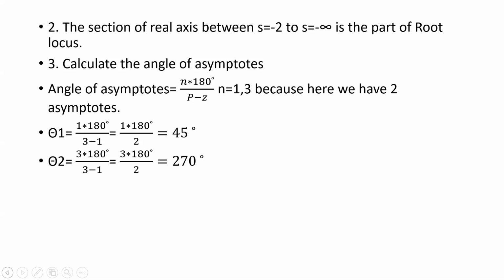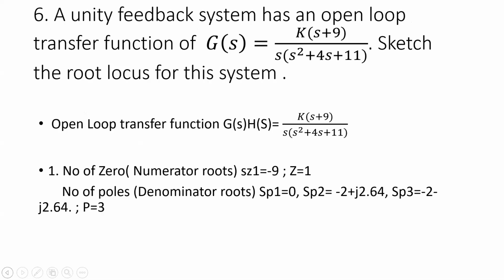Then the angle of asymptotes. Here you have 3 poles and 1 zero. So one of the poles will meet this zero. But what about these two? They don't have any, so you will have to guide them towards infinity. So you will have to have 2 asymptotes.